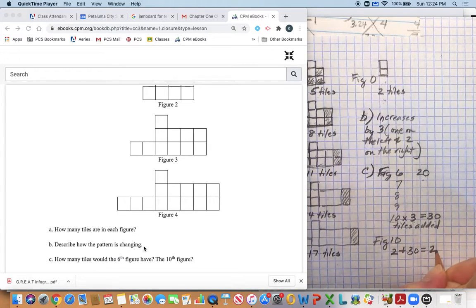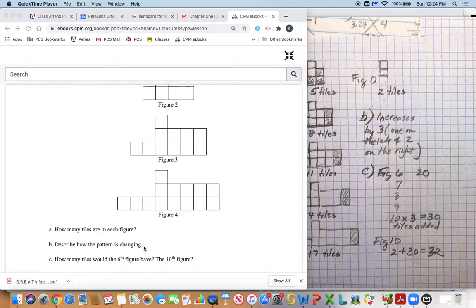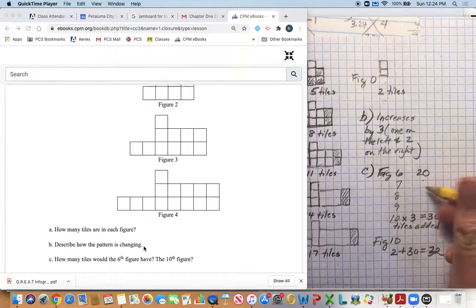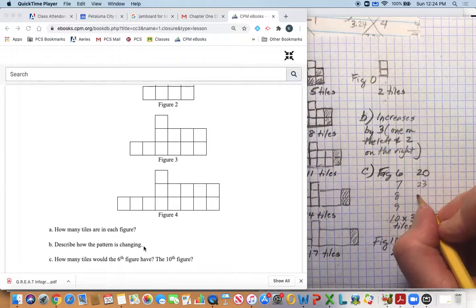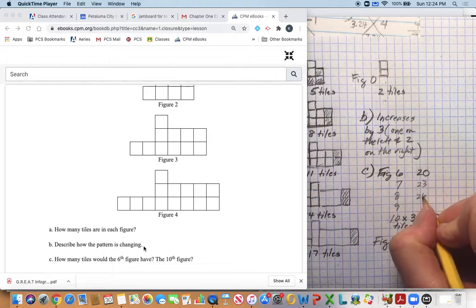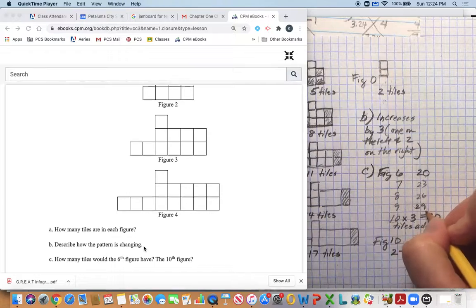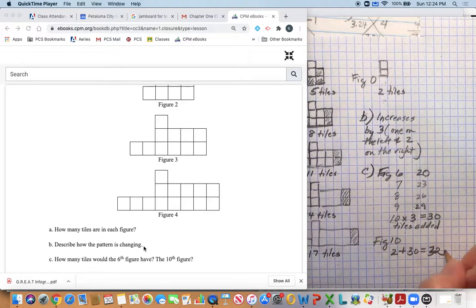So figure 10 is going to have 32. And if you want, you could check that. If I add, that's 23, figure 7 is 26, 29, this is there, and then you add 3 more, and you would get 32 in figure 10. Okay, so it all adds up.